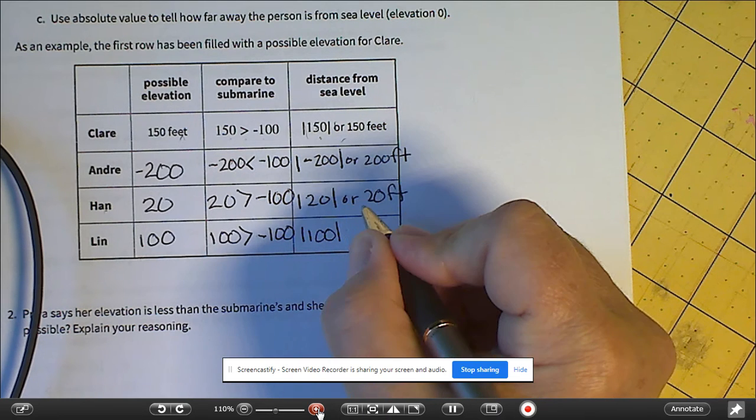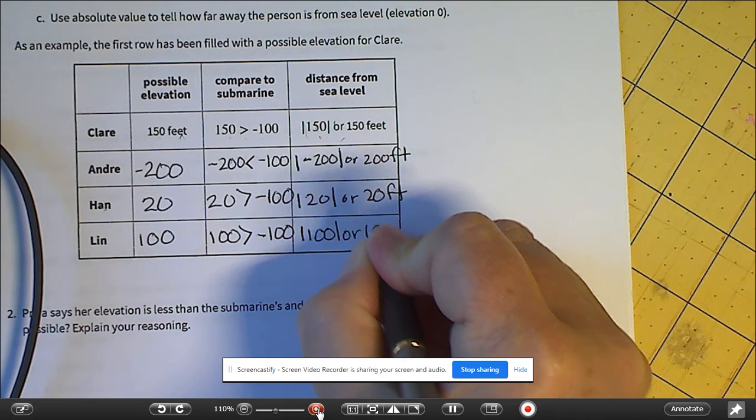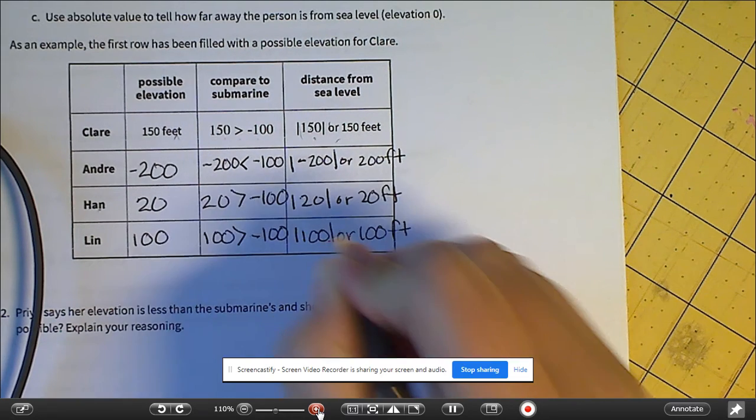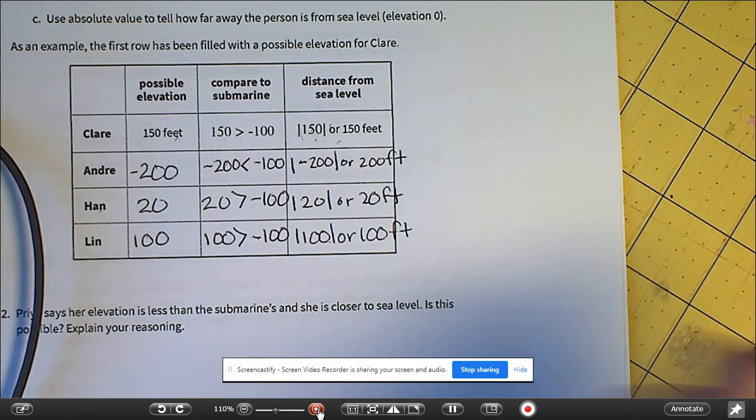Right, the submarine is 100, right? So it's 100 feet. Even though it's positive, the absolute value is the same as the negative. It's 100 feet in either direction.